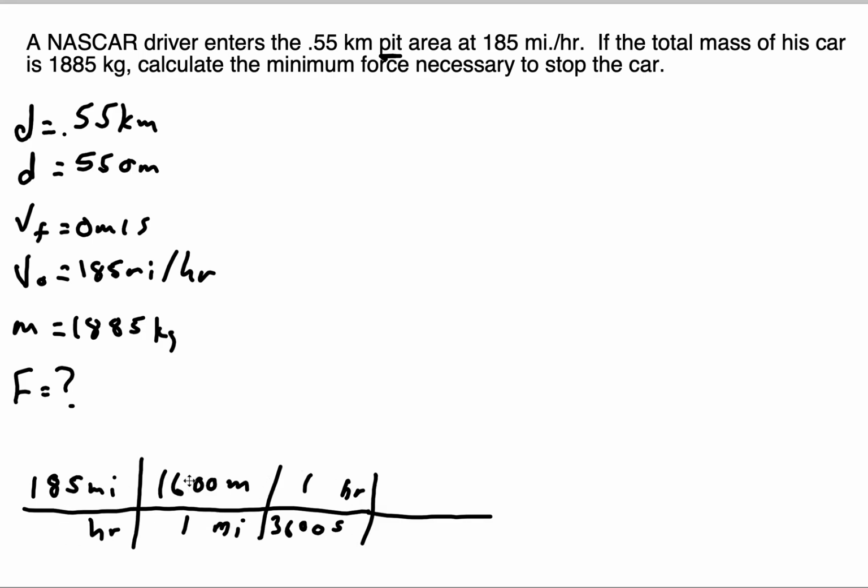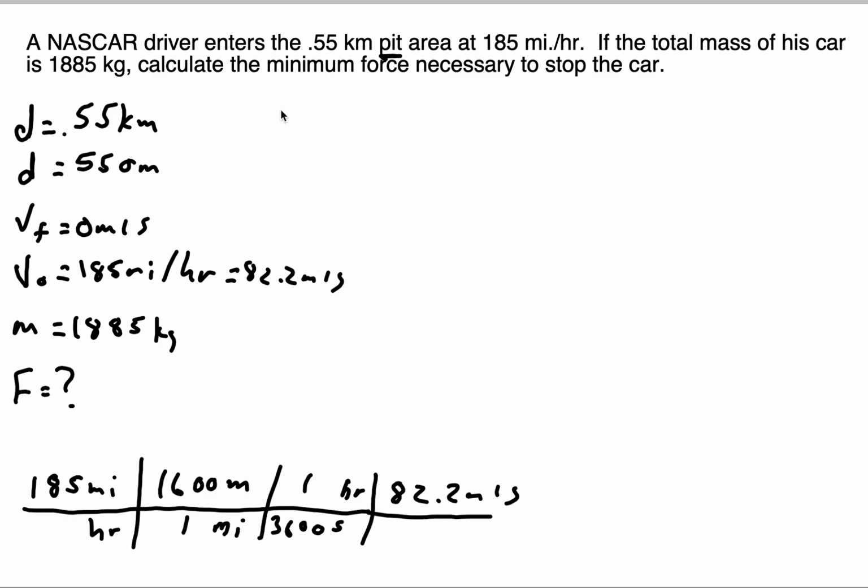So 185 times 1,600 times 1 divided by 1 divided by 3,600. Can someone tell me what that is? 82.2 meters per second. 82.2 meters per second. So instead of using this 185, we'll use 82.2.